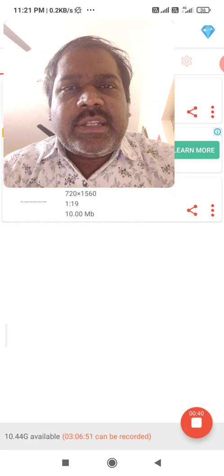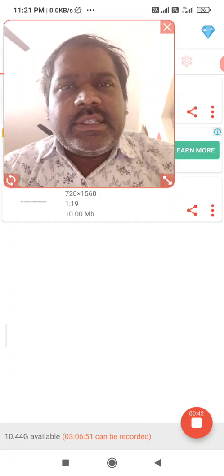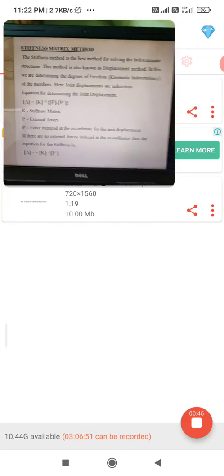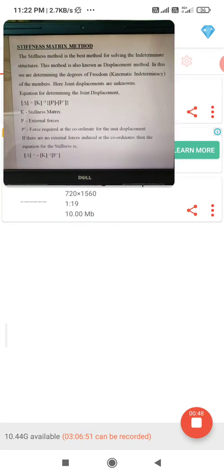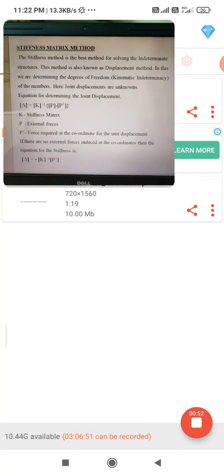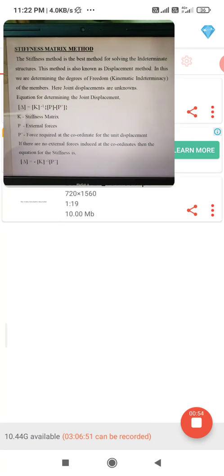The stiffness matrix method is also known as the displacement method, and here we have to determine the joint displacements, which are the unknowns.